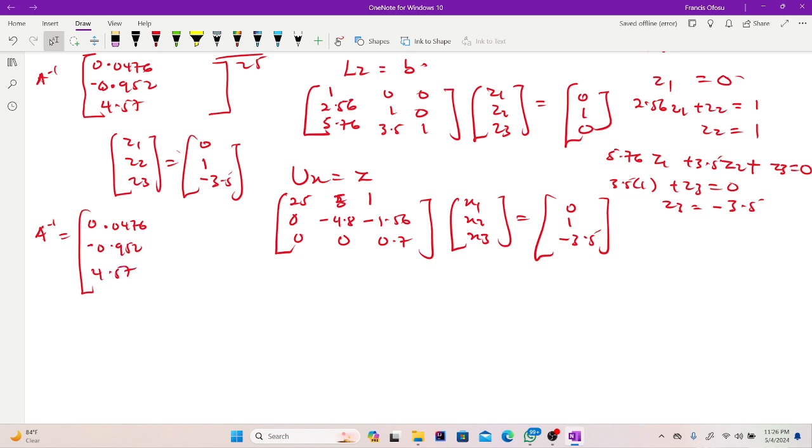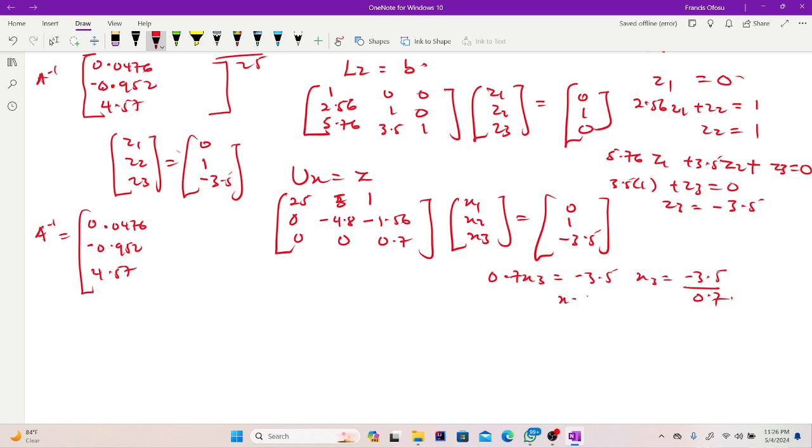Then we come again. Here, we are going to use backward substitution. So 0.7 x3 is equal to negative 0.5. So x3 is simply equal to negative 0.5 over 0.7. So what are you getting? You're getting negative 5, right?